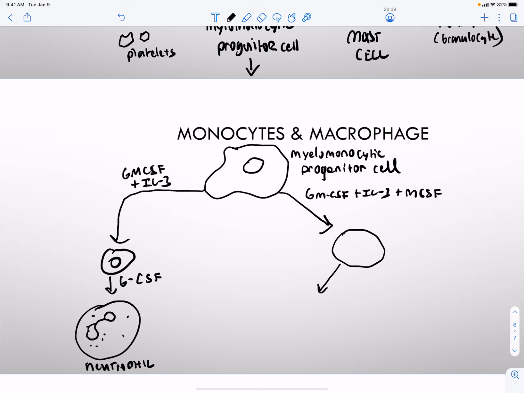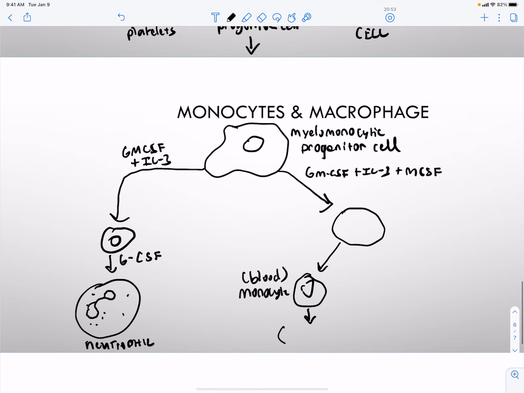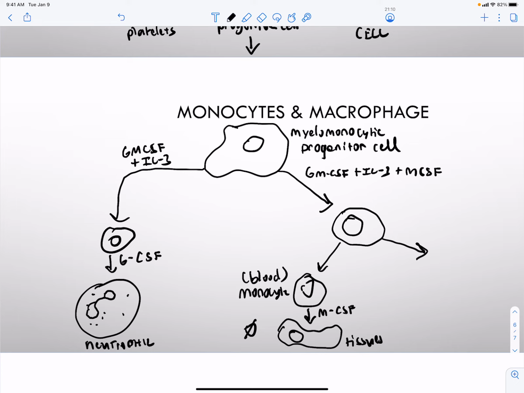So you can get a monocyte, and monocytes travel in the blood, and then when it enters tissues, it becomes a macrophage. And then you also have another branch, and this is going to become a dendritic cell.